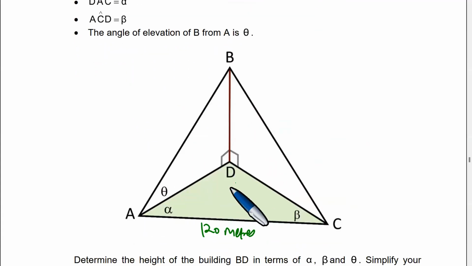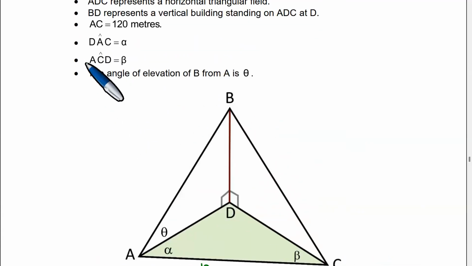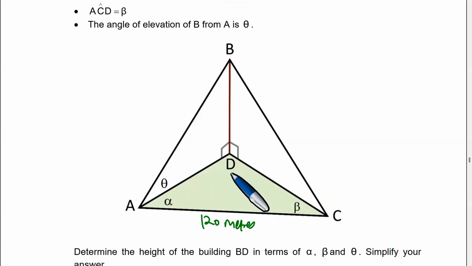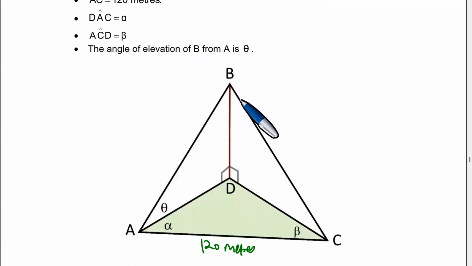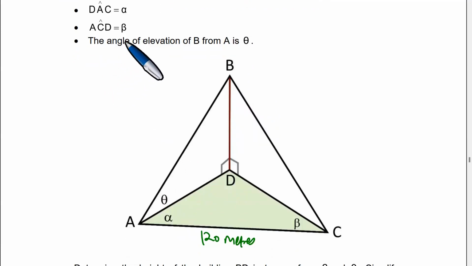DAC is alpha. ACD is beta. Very important: the angle of elevation of B from A is theta.